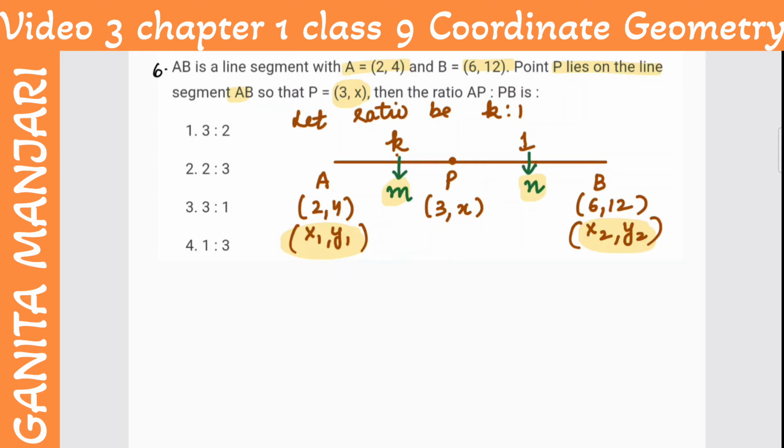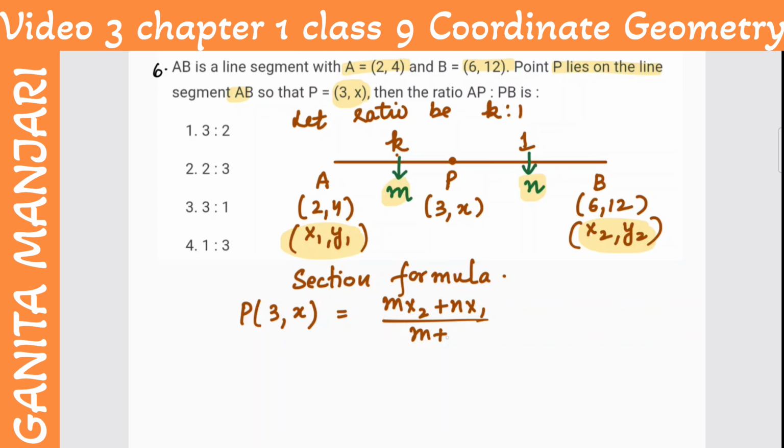Now we have the section formula. So the section formula is, the point P divides it. So P(3, x) is equal to (mx2 plus nx1) upon (m plus n), (my2 plus ny1) upon (m plus n). Now just plug in the values.